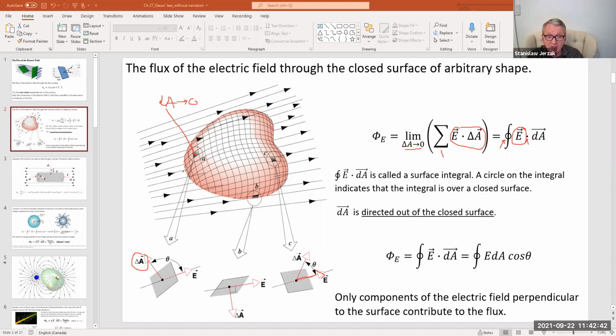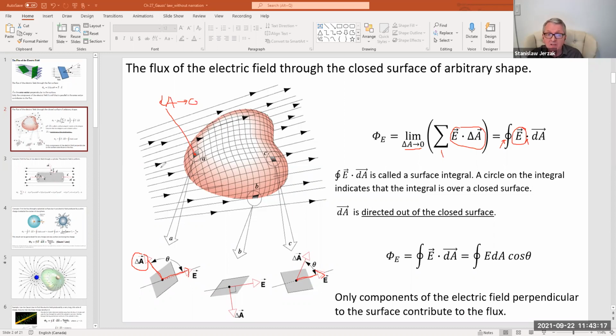But if you take this little surface area at A, then the electric field at that location would be maybe in this direction, but the area vector, which is by the way perpendicular to the surface, would be in this direction, and this angle is now bigger than 90 degrees, and the cosine of an angle more than 90 is negative. So you see the flux through this little surface would be negative.